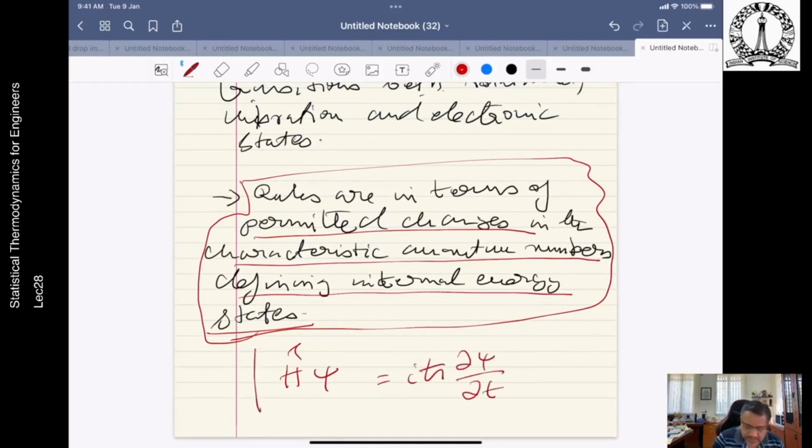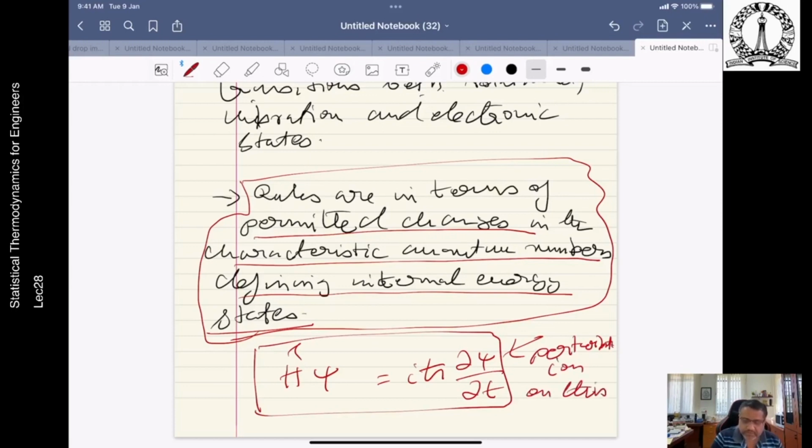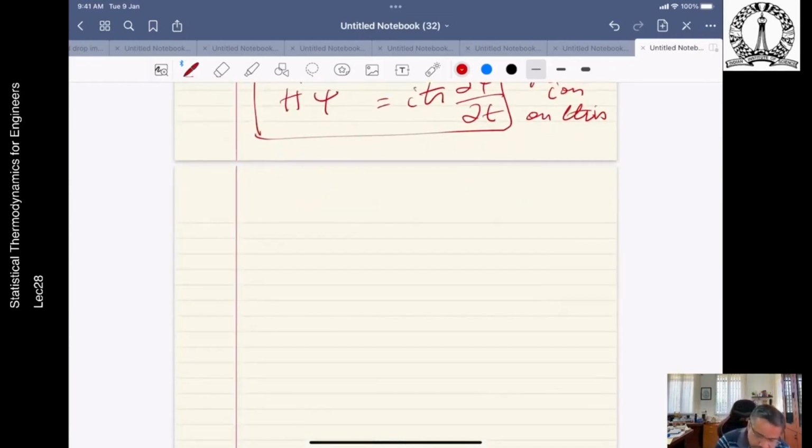You apply a perturbation on it and determine the transition probabilities.